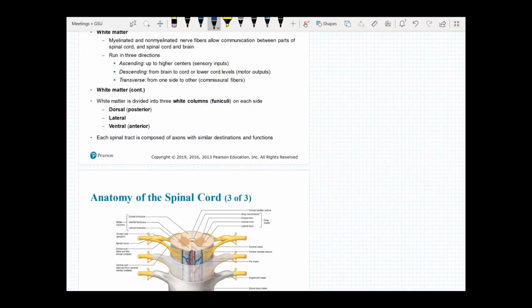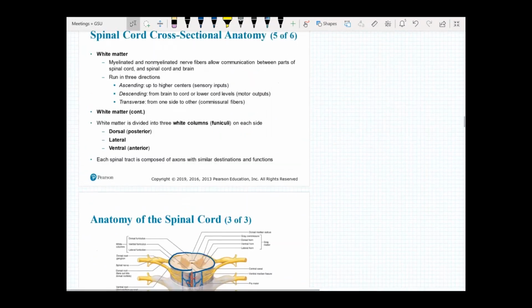The white matter is made up of myelinated and non-myelinated nerve fibers. They're going to be carrying information essentially up and down the spinal cord. So it'll be ascending up to higher brain regions, descending down to lower regions of the spinal cord, or transverse, essentially going side to side.